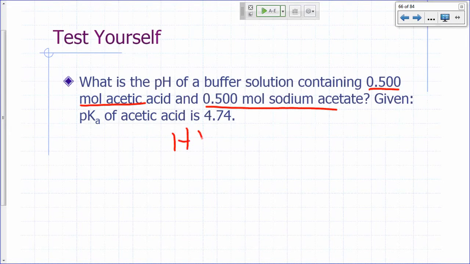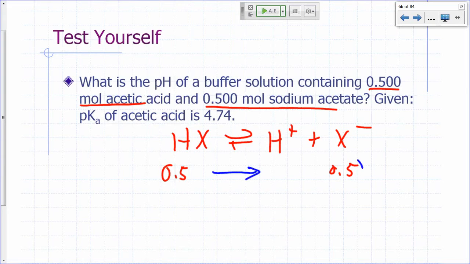For example, HX in water gives you H plus and X minus, right? So if you start off with 0.5 moles per liter of acetic acid, but you also have 0.5 moles per liter of X minus, then this ionization is going to be suppressed because of the presence of the conjugate base.